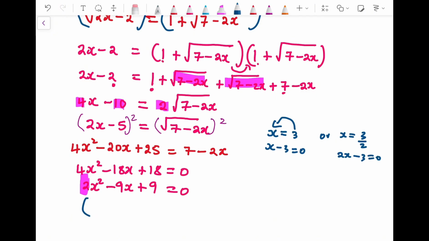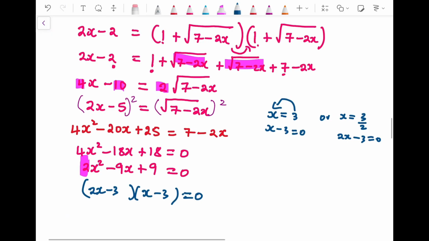So that means your factors here will be 2x minus 3 as well as x minus 3 is equal to 0. So if we solve this, our x is equal to 3 over 2, or x is equal to 3. So now we need to check if these values are both valid or not.